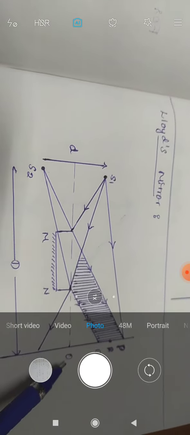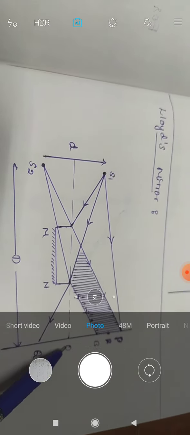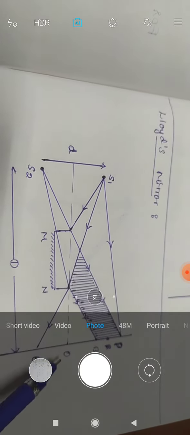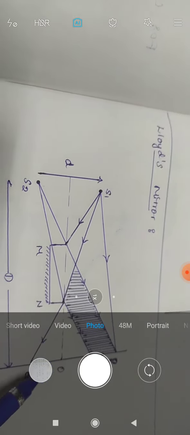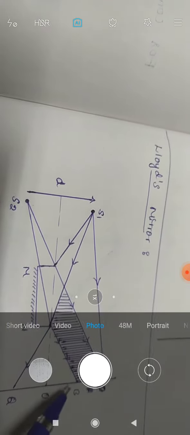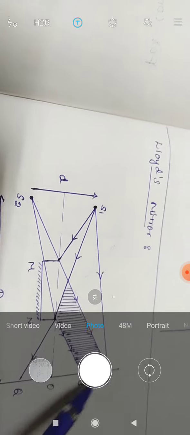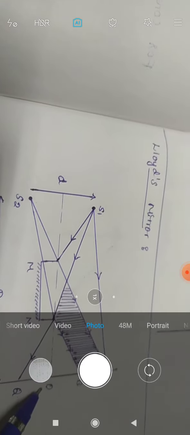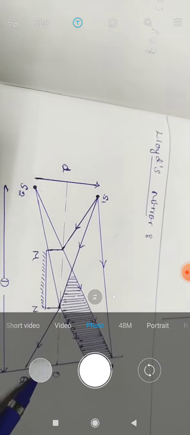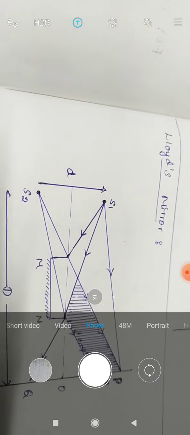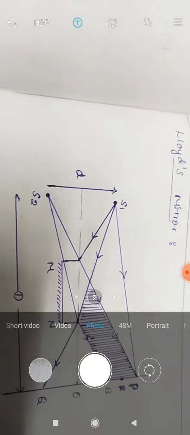So here we expect a bright fringe at O. But the point O is outside the region. The interference takes place in the PB region, but this point is outside the PB region, so the central fringe is not seen in this fringe pattern PB.